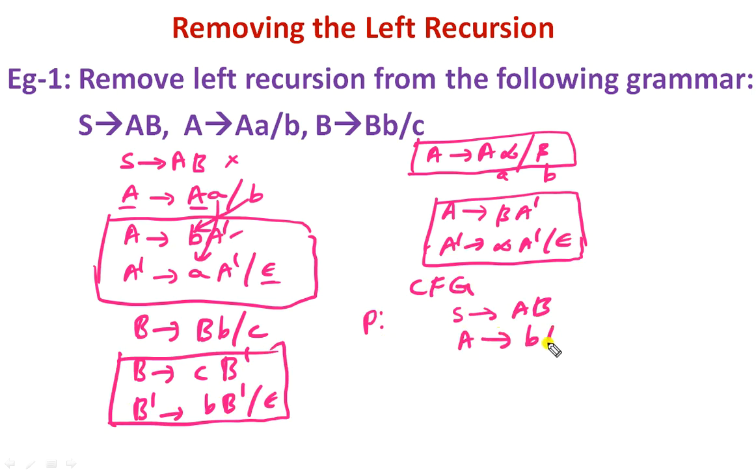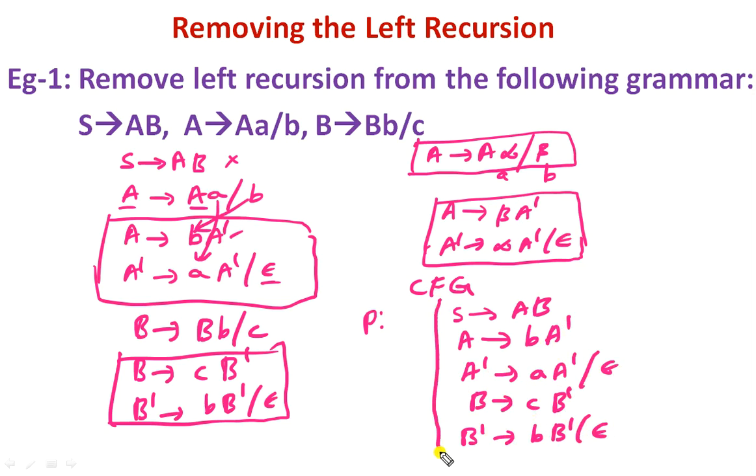A generates B A dash, no left recursion. A dash generates A A dash or epsilon. B generates C B dash. B dash generates B B dash or epsilon. So this is the newly generated grammar for the given context-free grammar, in which the left recursion has been removed successfully. Like that we are going to remove the left recursion for a given context-free grammar.